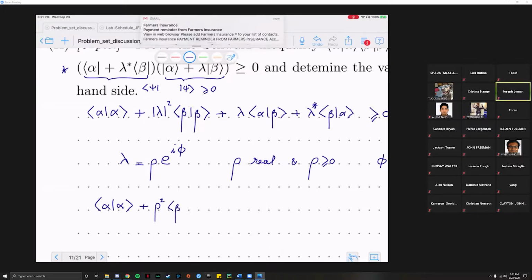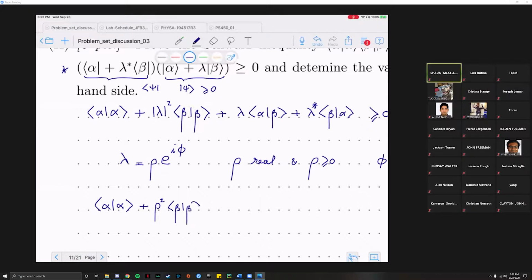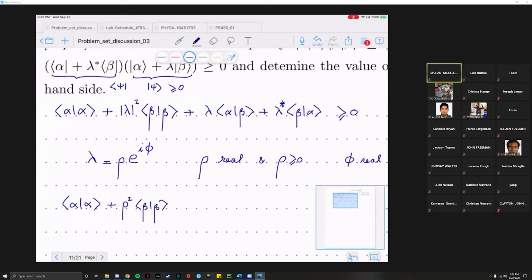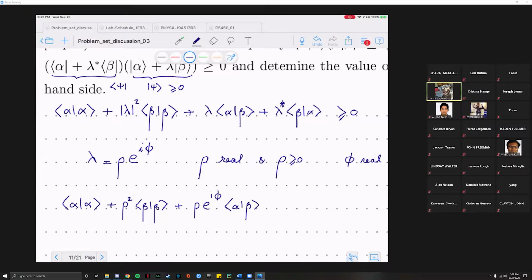Beta plus rho exponential i phi, alpha beta plus rho.